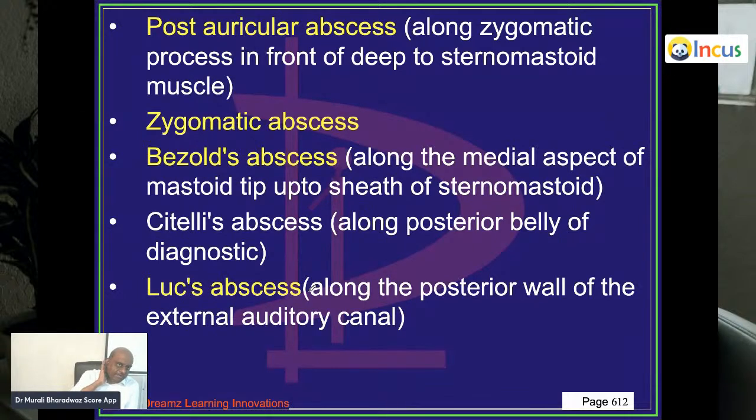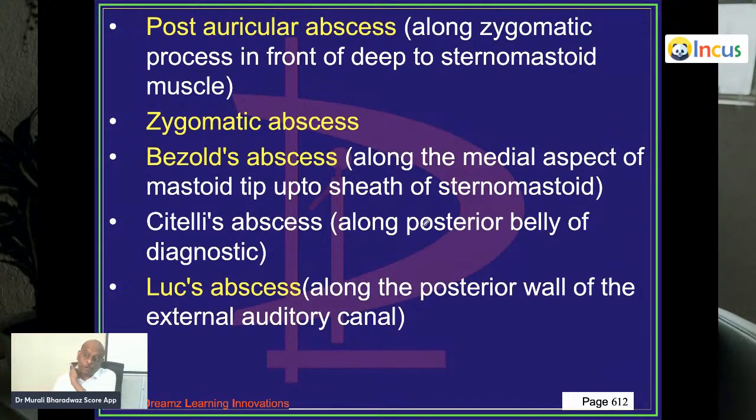Whenever you have mastoiditis, 3 named abscesses you should remember: Bezold, Citelli, Luc. Bezold's means along the medial aspect of the mastoid to the tip, into the sheath of sternocleidomastoid.